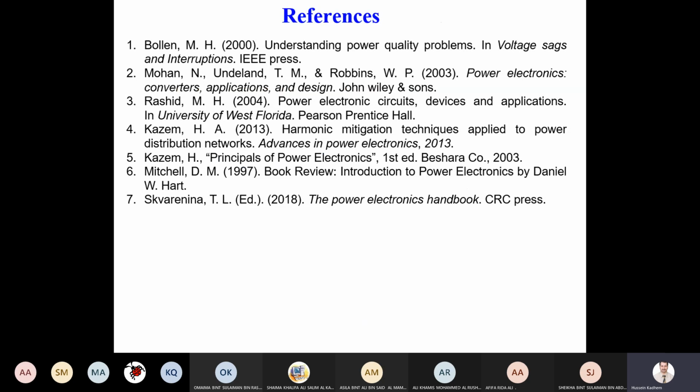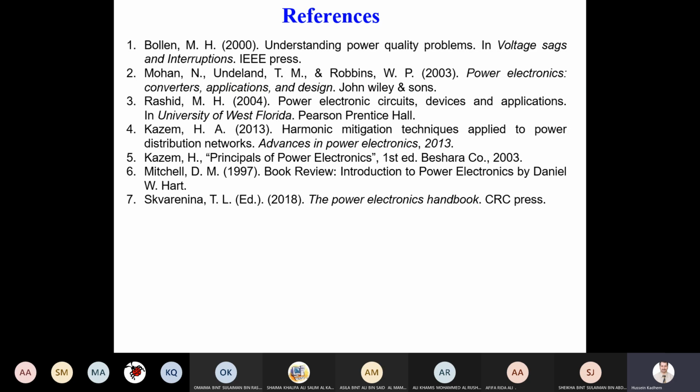Now, let me summarize before I finish this session. First, for application, we discussed the uninterruptible power supply, and then the use of power electronic converters in different stages of this power supply. And then we discussed the use of power electronic converters to reduce the impact of disturbances.